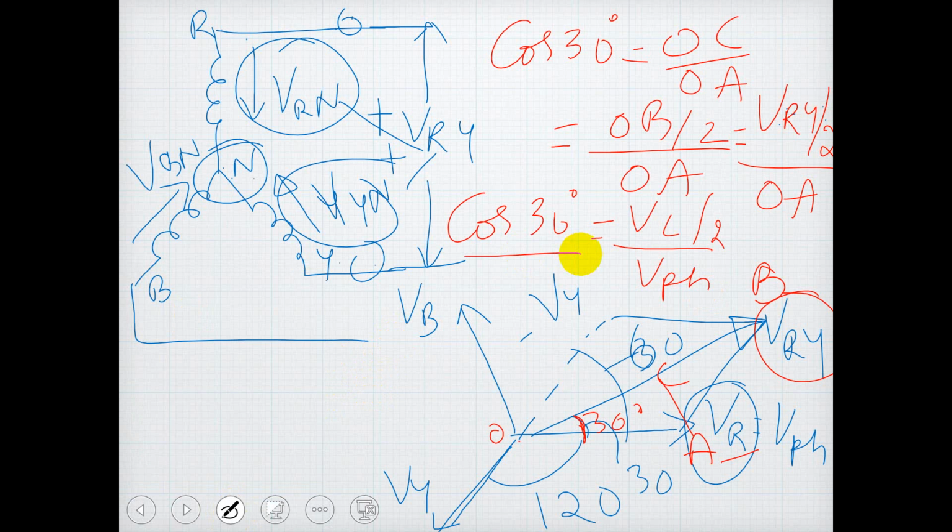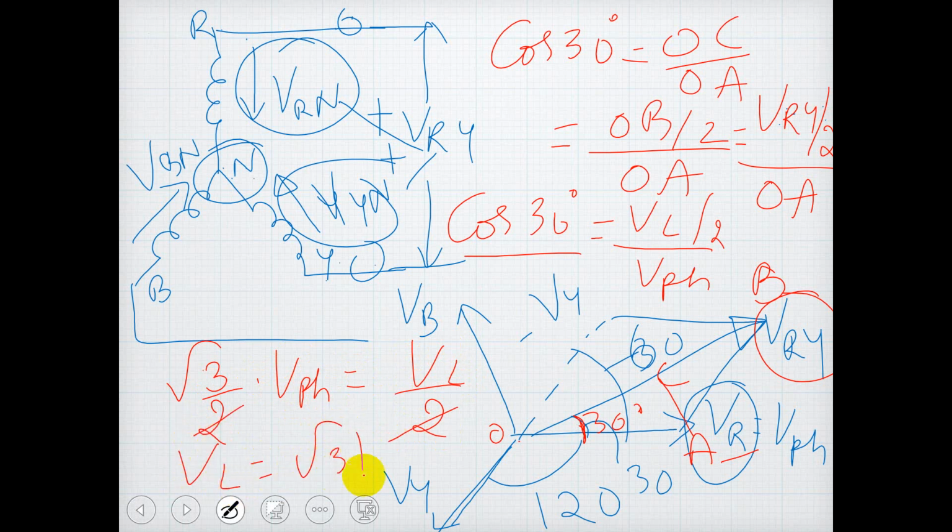Correct. So we can write this as root 3 by 2 into V phase is equal to VL by 2. So 2 get cancelled. So what can we write? VL is equal to root 3 times V phase. That means the line voltage will be equal to root 3 times the phase voltage.